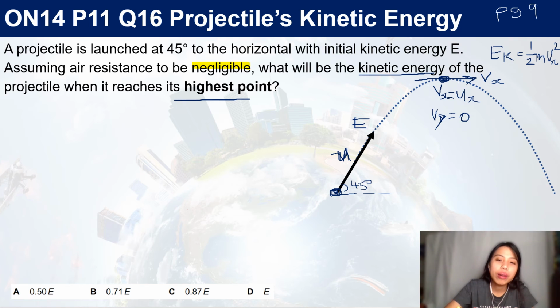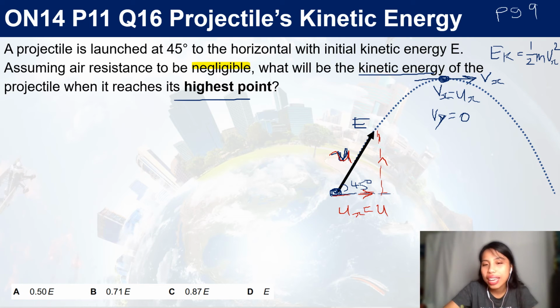Okay, so we need to think about initial condition. So if I break down my initial velocity, here we go. Let's say I have this initial velocity U. The Uy vertical part will be, actually we don't need the vertical. Let's look at the horizontal. Horizontal part Ux is U, what is it?